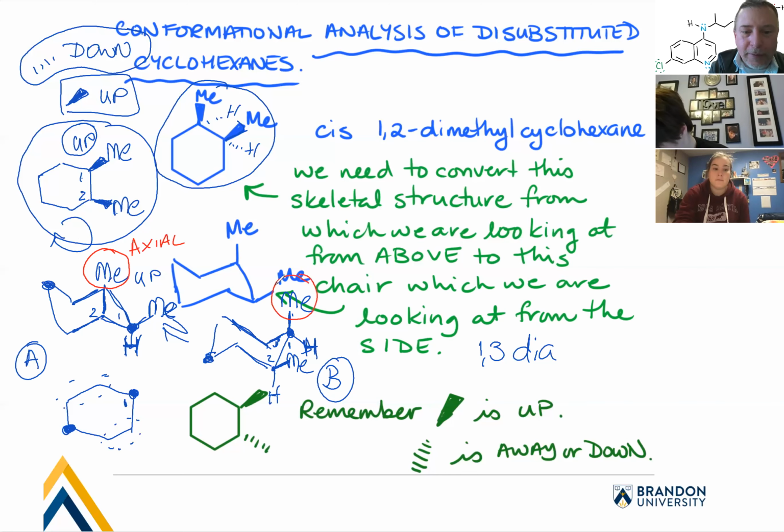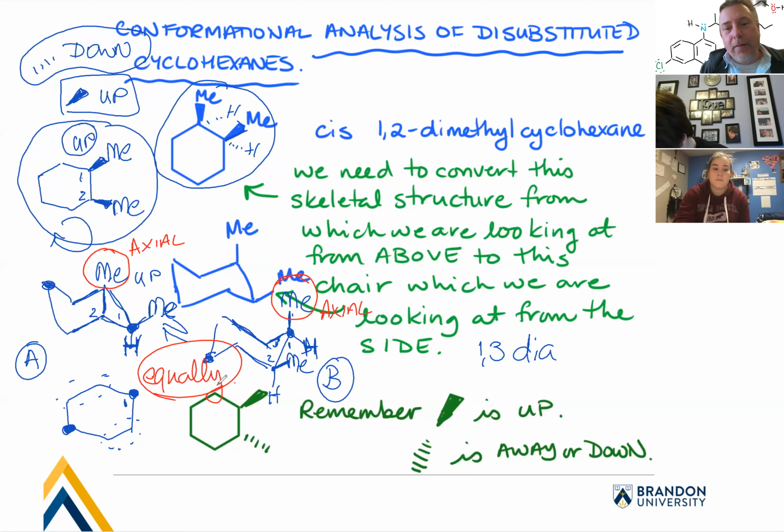In conformation B, we've got a methyl group which is axial. And the other ones are equatorial. So these are basically equally stable. So it would just be an equilibrium between the two of them.